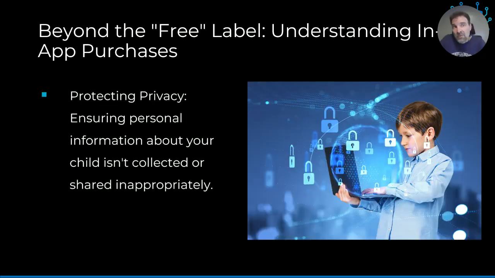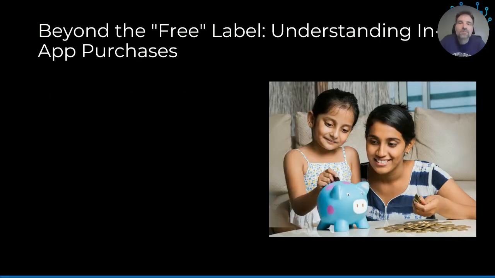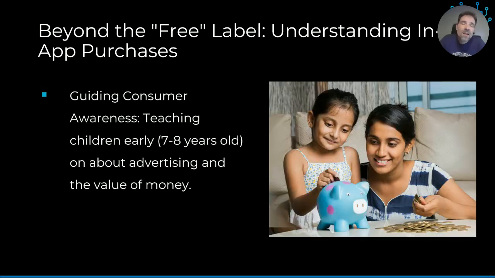And you want to protect your child's privacy, right? So you don't want your child's information to be collected and used without your consent. And you want to guide your child to become an aware consumer, right? From the ages of 7 and beyond, you can start teaching them about the ads and the value of money.